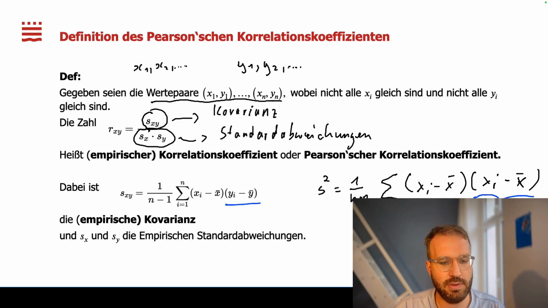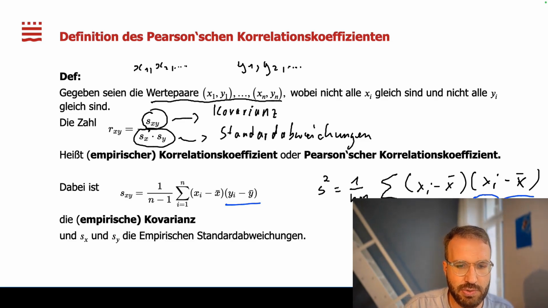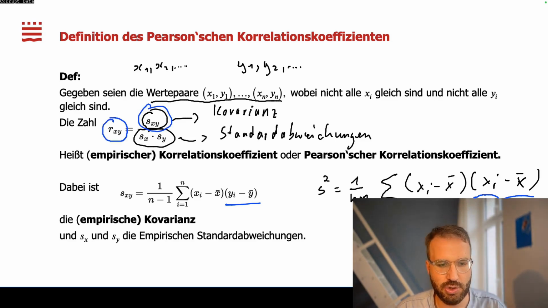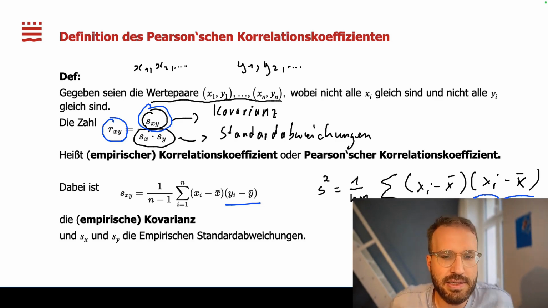And I want to briefly discuss the relationship between the sign of the covariance, that is this term here, and that of the empirical correlation coefficient, which is this term here. That is actually the same sign, simply because they only differ in that I divide by the standard deviations in one case. However, the standard deviations are positive, meaning they do not change the sign, and thus both have the same sign. You might then wonder, why do we divide by the standard deviation again?